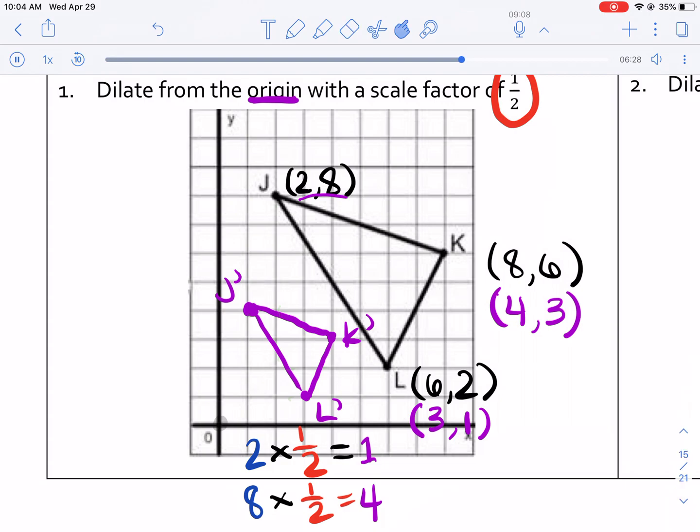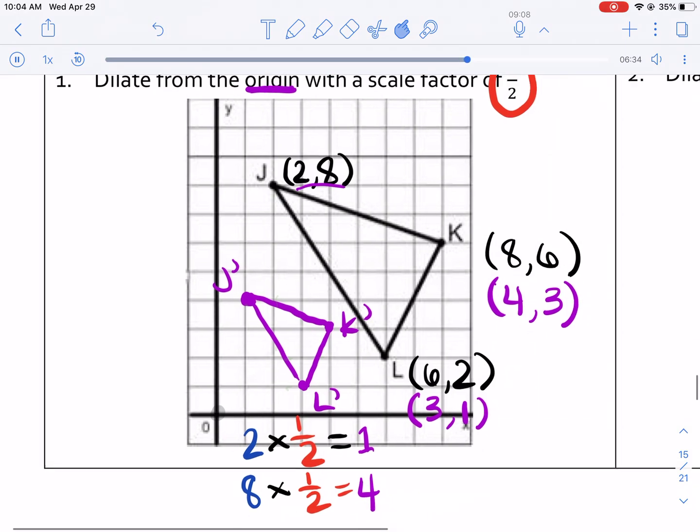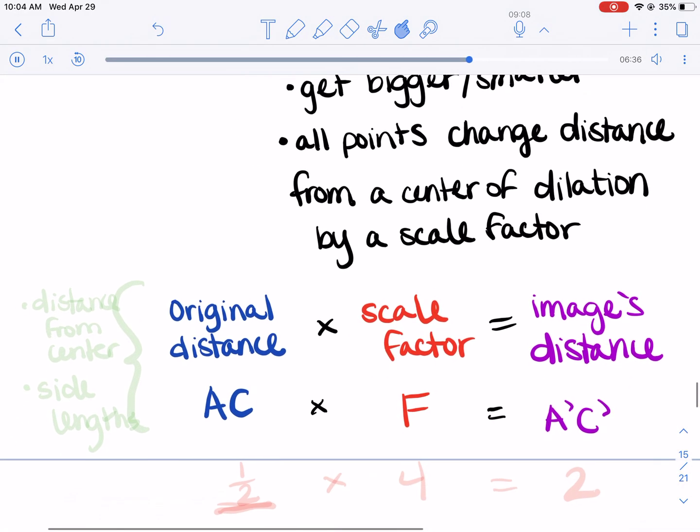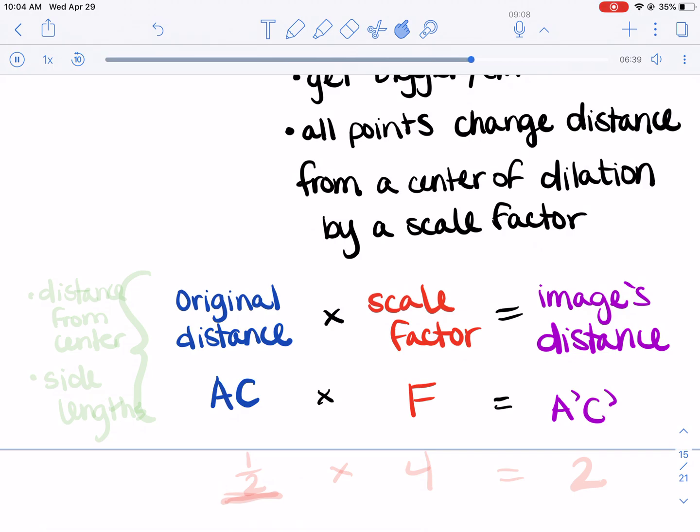Now, something that we should keep in mind is that there are some things that we notice with this equation. This equation holds true for not only the distance from the center of dilation, but it also holds true for the sides. So I'm going to write that down. This is our distance from the center. And it holds true for the side lengths.